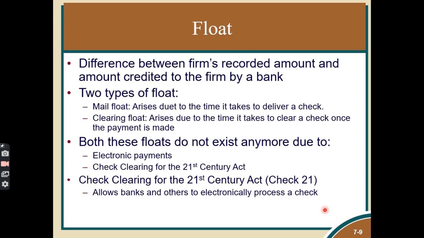It will be different from one bank to another depending on their policies. These floats, the mail float and the clearing float, can be eliminated if we use electronic payments, or if we have the new check clearing policy.